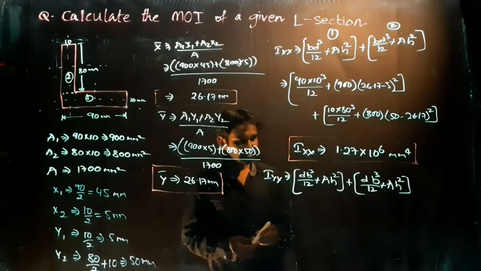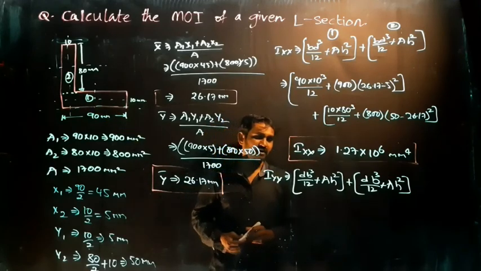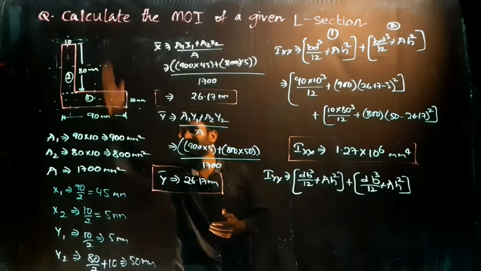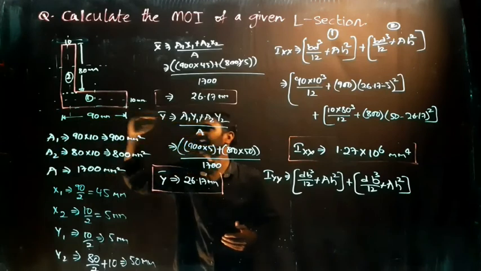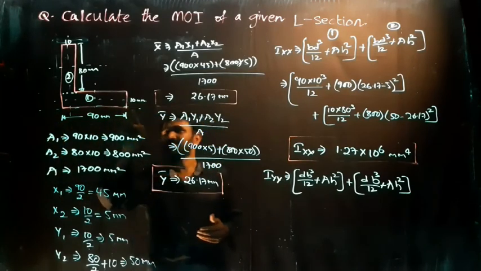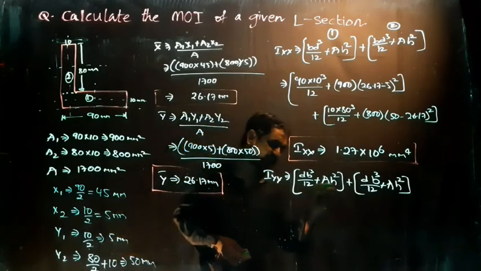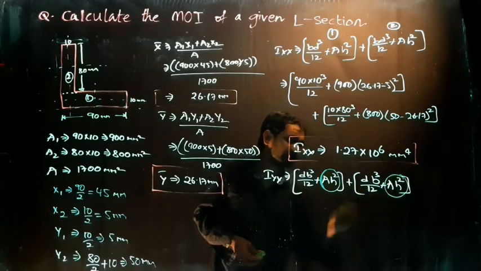Here h in the sense it will become 0 if you take in the y direction, because when you are taking in the x direction, that will cut in the y direction. When you are taking y direction, that will cut in the x direction. So the height in the x direction will be 0. It will fall in this line. So h will become 0 here. When h became 0, this entire term becomes 0 and this entire term will become 0.